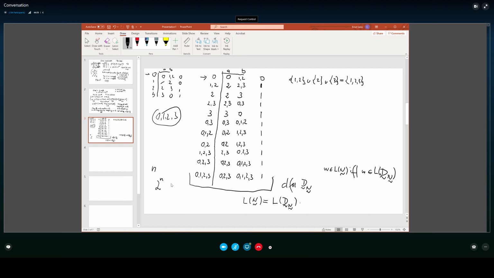But the key observation is, given any non-deterministic finite automaton accepting a particular language, I can always construct a deterministic finite automaton that accepts exactly the same language. And moreover, I can say that if the non-deterministic finite automaton has n states, the corresponding deterministic finite automaton will never have more than 2 to the n states.